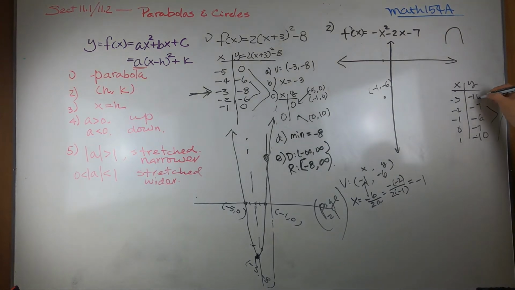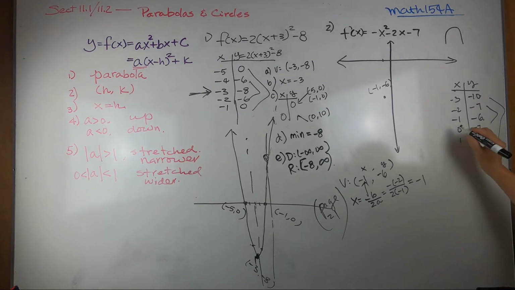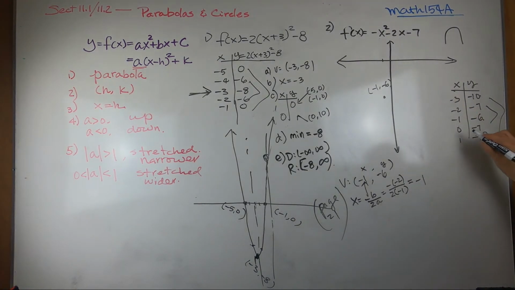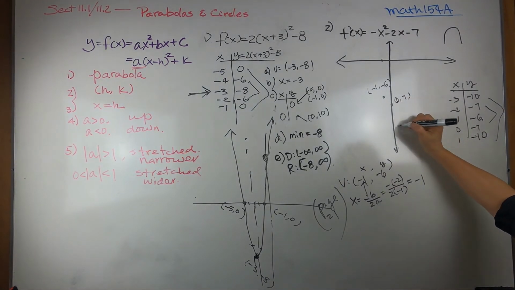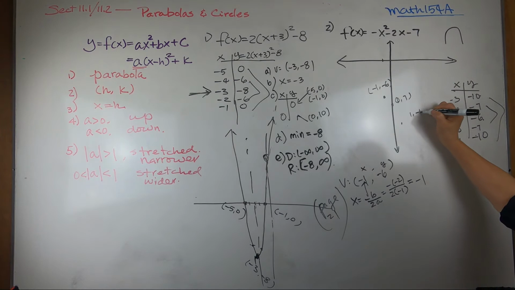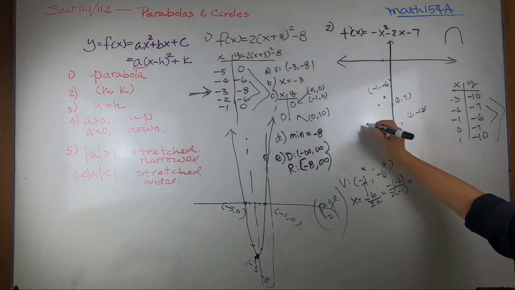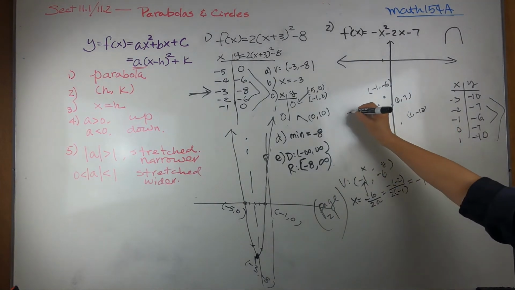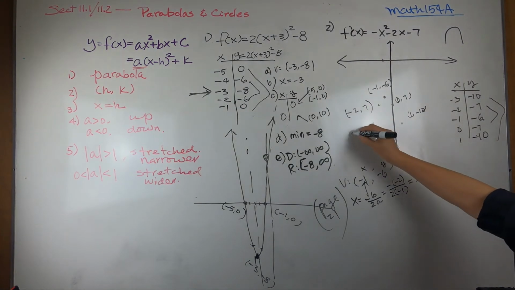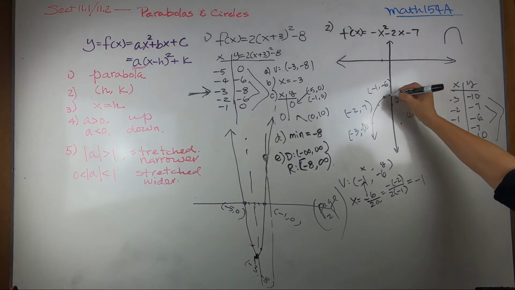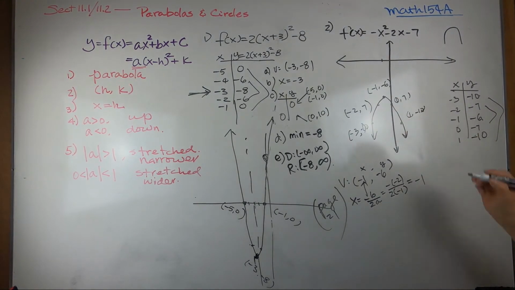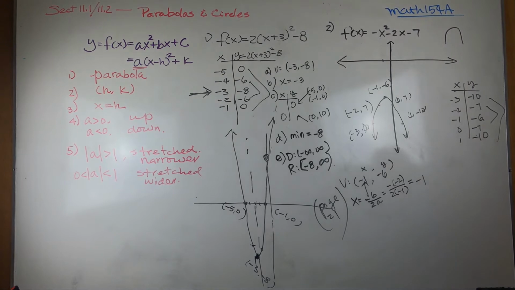So you will have negative 1, negative 6 is there, 0, negative 7 is here, 1, negative 10 is here, then you have other points here, right? Negative 2 and negative 7, negative 3 and negative 10. Then you graph it, then it opens down, right? So that would be your graph.